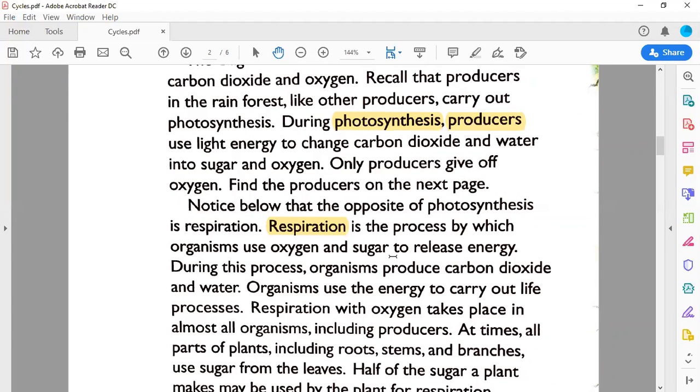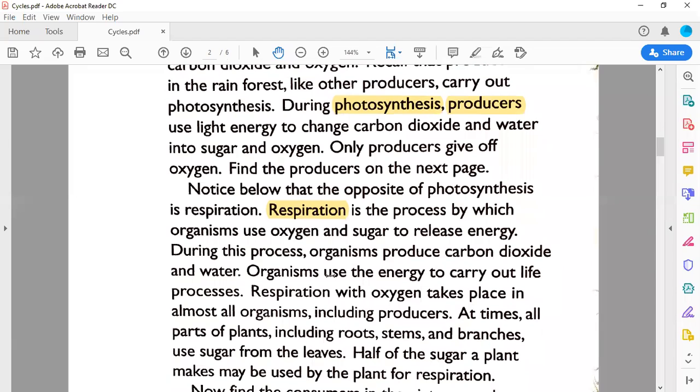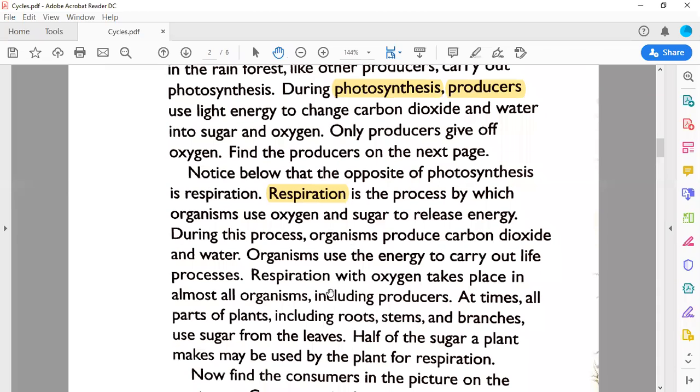During respiration, these organisms, which are the consumers, are releasing energy, and during the process they are producing carbon dioxide, right? And which organisms need carbon dioxide and water? The producers. This is why it is a cycle.